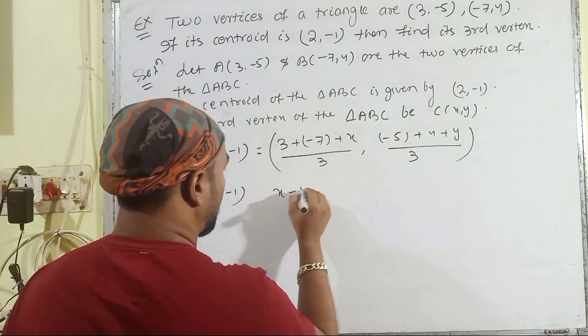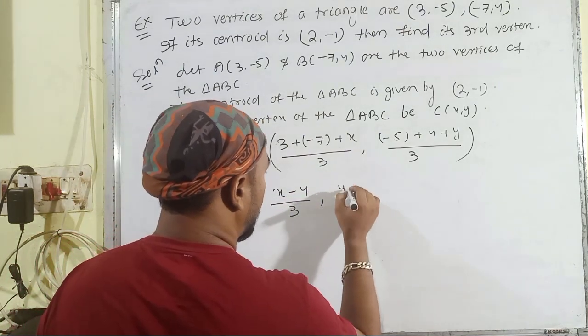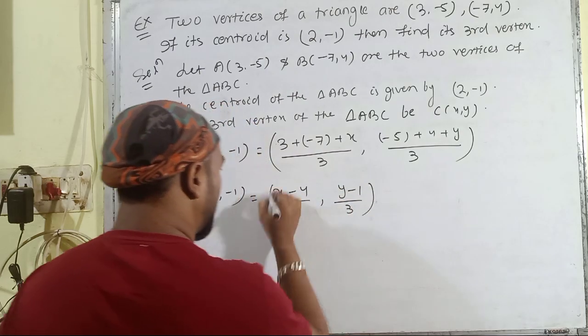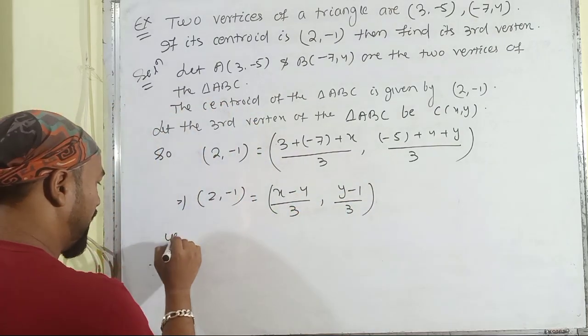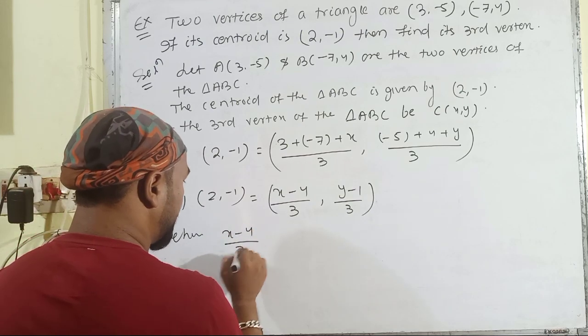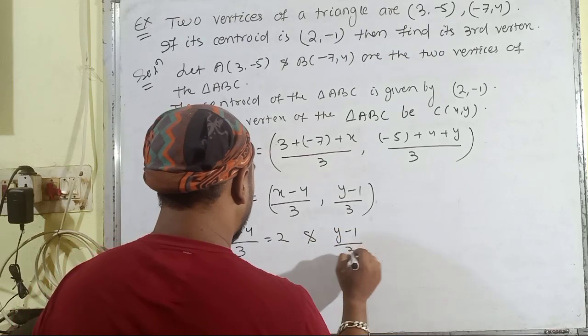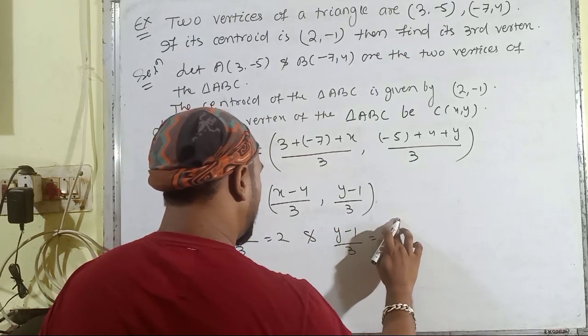It will be (x - 4) divided by 3 and then (y - 1) divided by 3. We have (x - 4) divided by 3 is equal to 2 and (y - 1) divided by 3 is equal to -1.